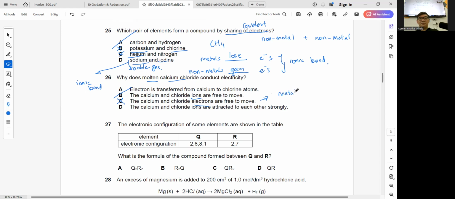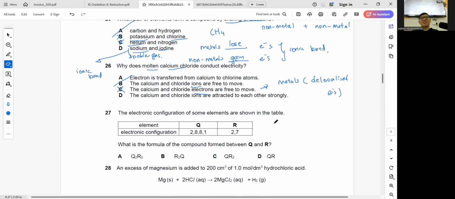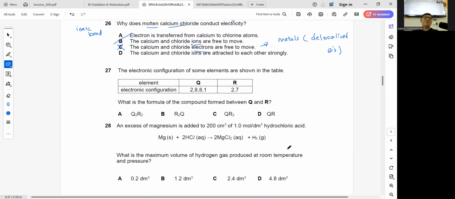Metals. We call them delocalized electrons. So that is not correct. Samuel, why do you think you got it incorrect? I saw the ions and the electrons and was thinking free-floating electrons. Okay, which only applies to metals.